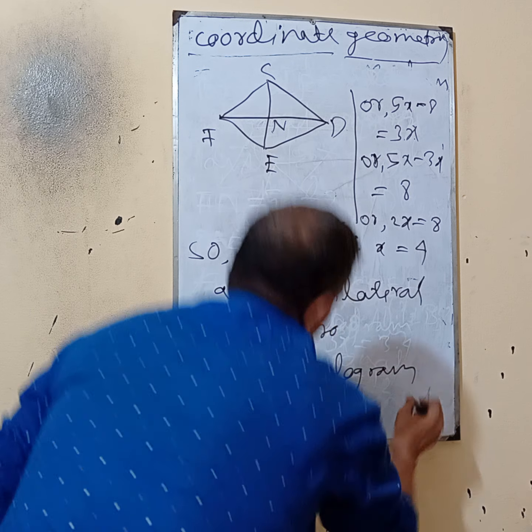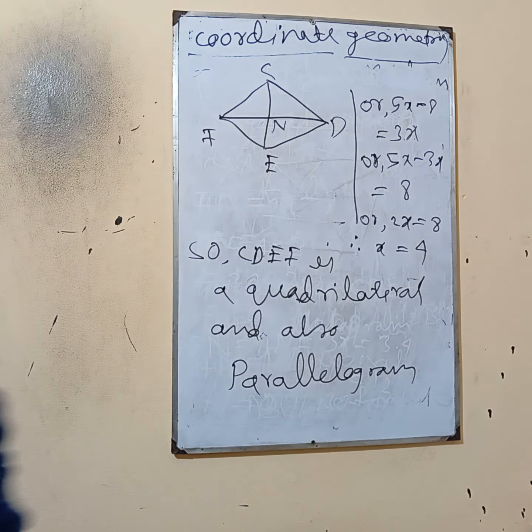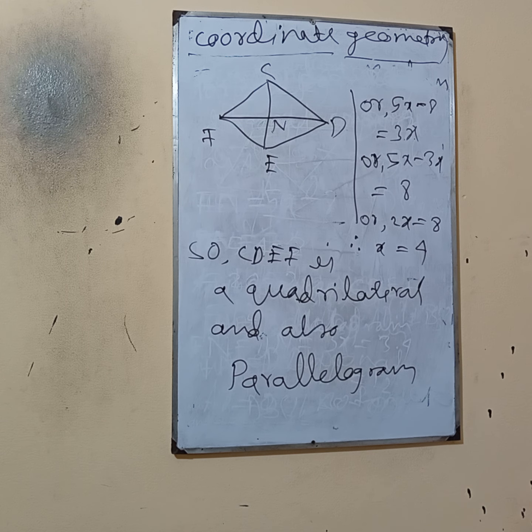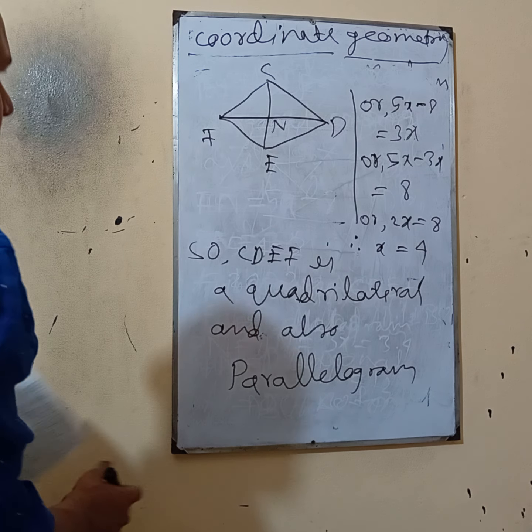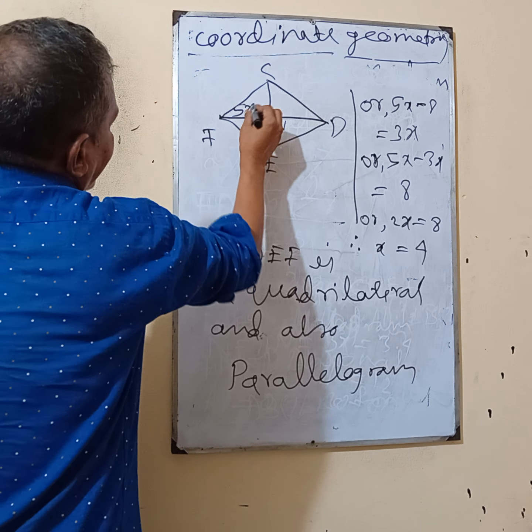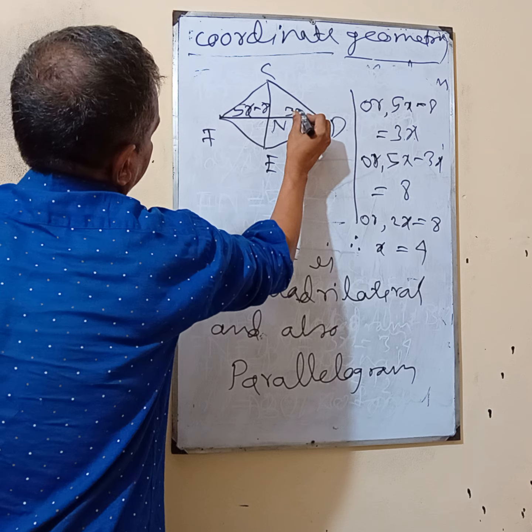Do you understand? So this is 5x minus 8 and this is 3x.